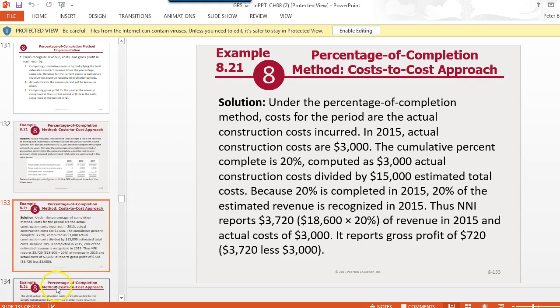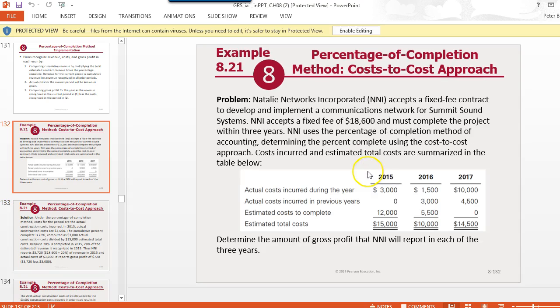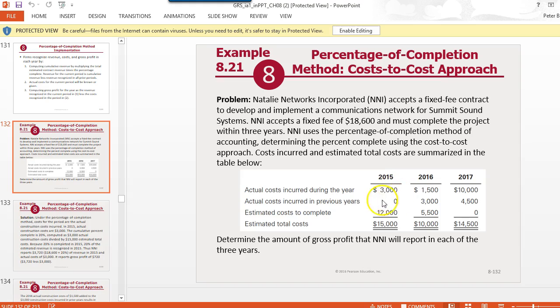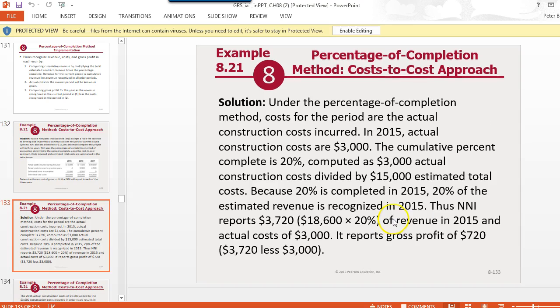Under the percentage completion method, costs for the period are the actual construction costs incurred. In 2015, actual construction costs are $3,000, which is right here. The cumulative percent complete is 20%. We get that by dividing actual costs incurred during the year over the $15,000 estimated total cost to get 20%.